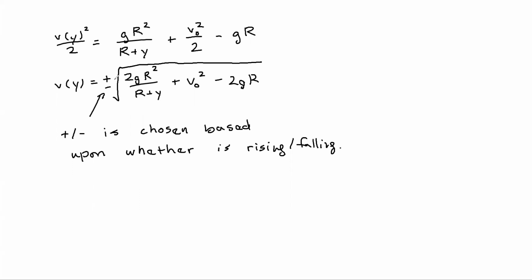That could either be plus, you're launching, or it could be minus, which is that the object is falling back to the Earth and you'd want to be finding the velocity when it strikes the Earth. So that's the plus or minus here: for every y value, you're going to end up with two possible velocities. One that models the velocity going up, and that's going to be positive, and then the negative velocity that models the velocity coming back downward.